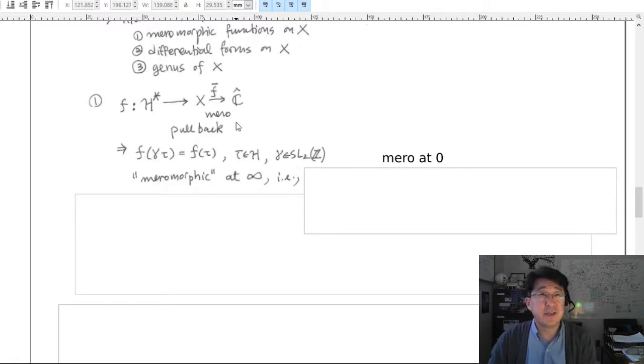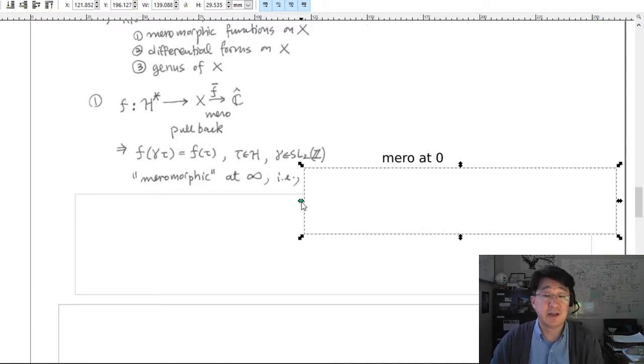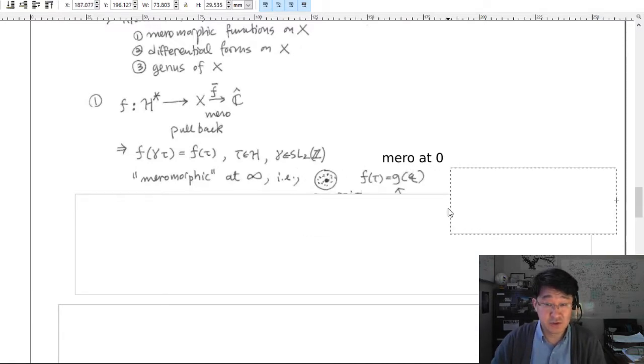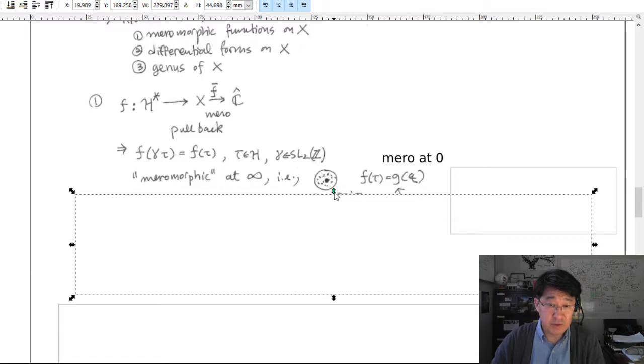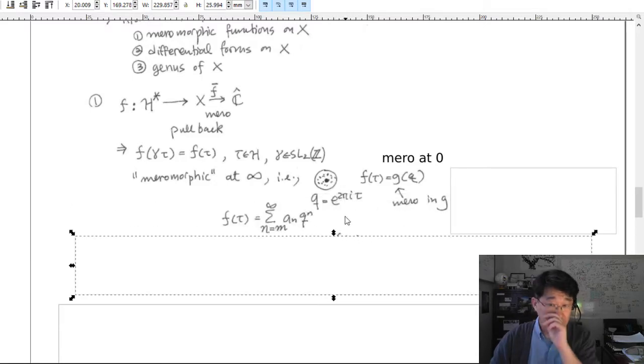To define a function being meromorphic, you need a full open neighborhood around that zero, around that infinity, and you can use that natural structure we use for that map, e to the 2 pi i tau.